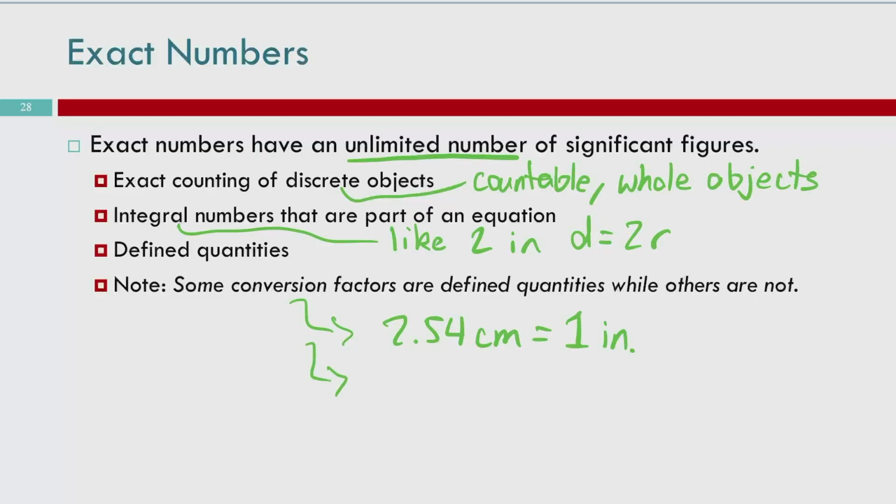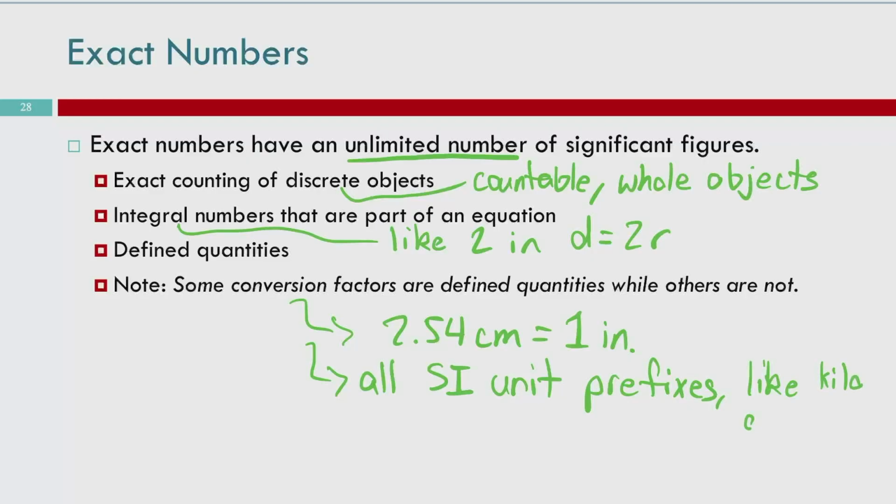Other conversion factors, all, what's the word I'm looking for? SI unit prefixes. Like kilo and nano.